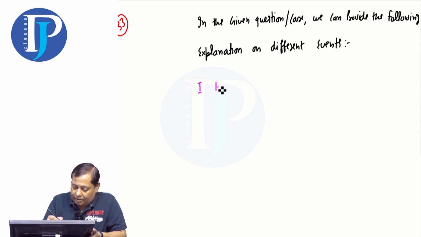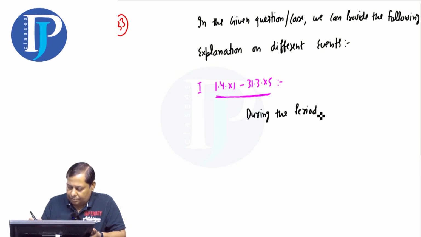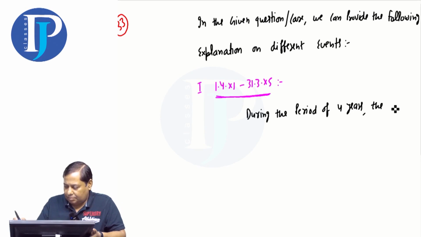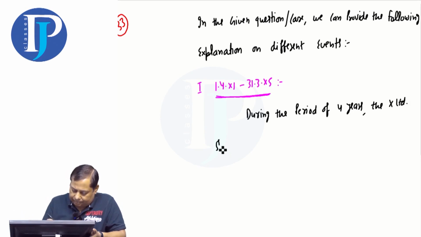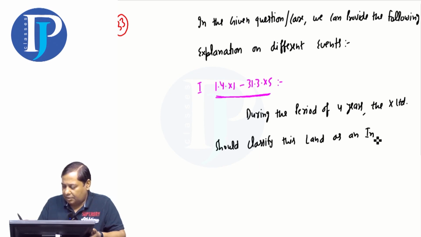First, we have here from 1st April X1 till 31st of March X5, during the period of 4 years, X Limited should classify this land as an investment property.